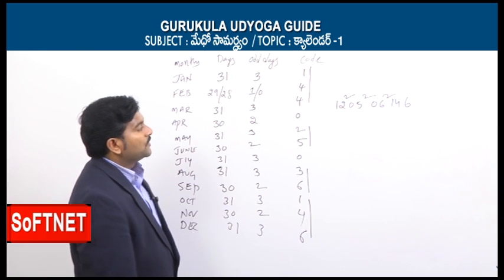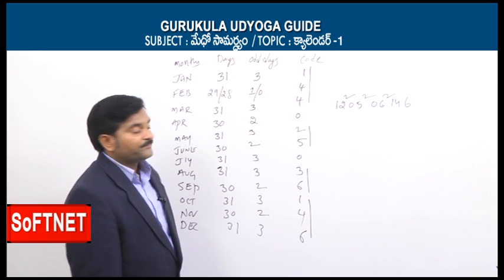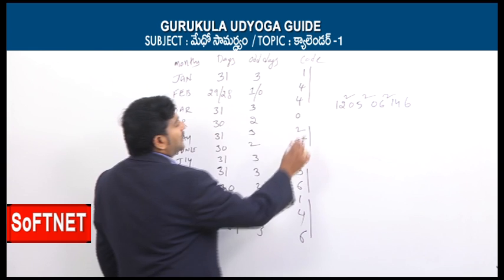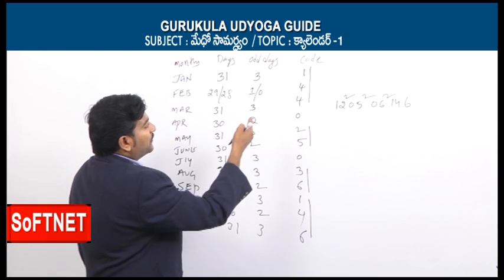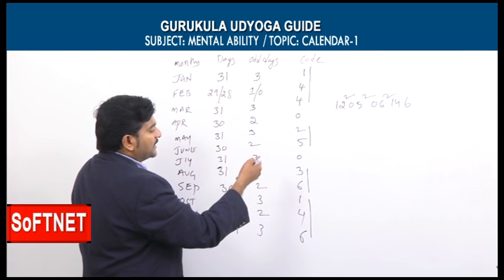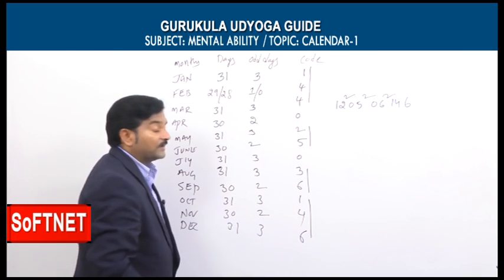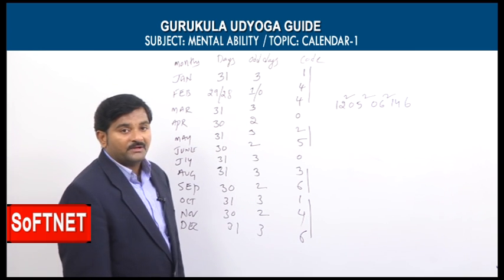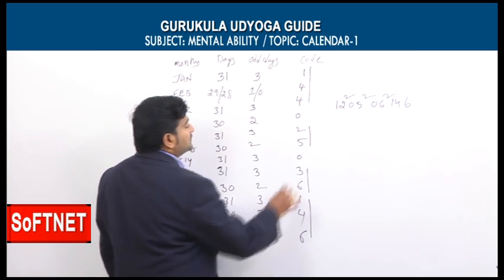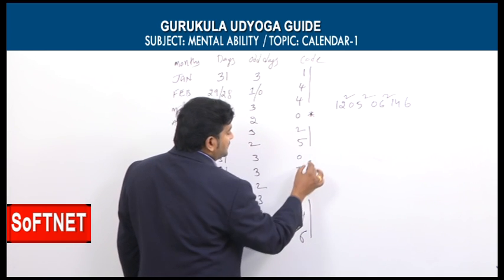So these are the codes for the 12 months. I repeat the codes for these 12 months. It is appearing on the screen: 144, 025, 036 and 146.